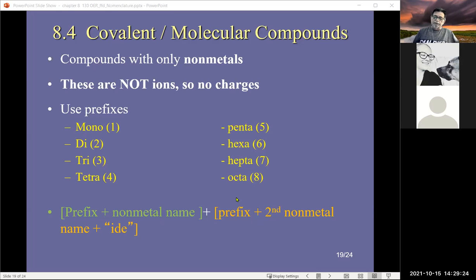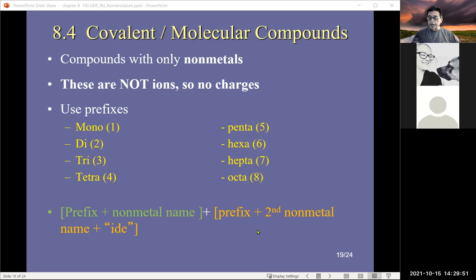So how do we name these things? Similar to what we did with ionic, but the difference is we may have to use prefixes. We have the nonmetal name, generally the central atom, and if we have only one, it's just whatever the name is. We don't use the prefix unless there's more than one.